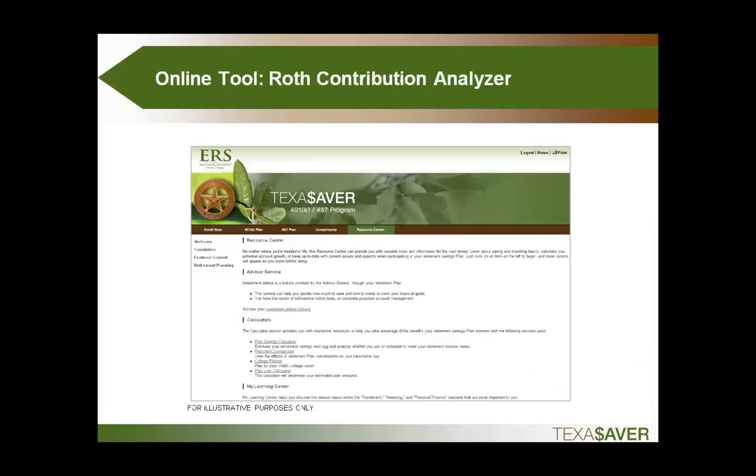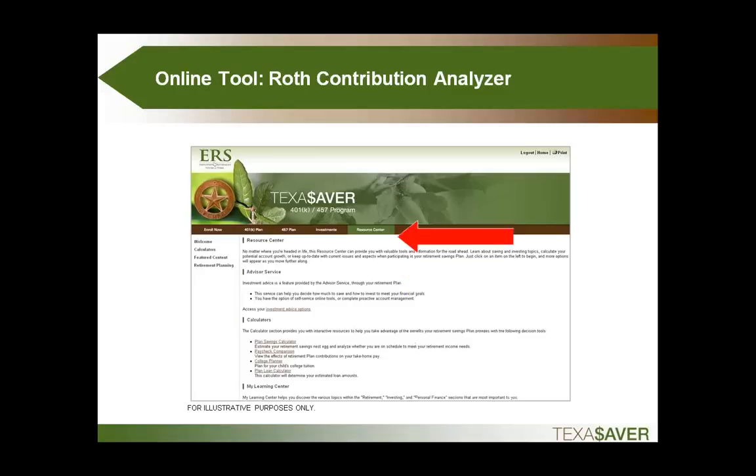At the beginning of our presentation, I shared with you that there will be a new tool added to the Texas Saver website on December 21st. That's Wednesday of next week. We're going to put an online calculator called the Roth Contribution Analyzer to help you determine whether you should save in your traditional or Roth 457 or 401(k) accounts.